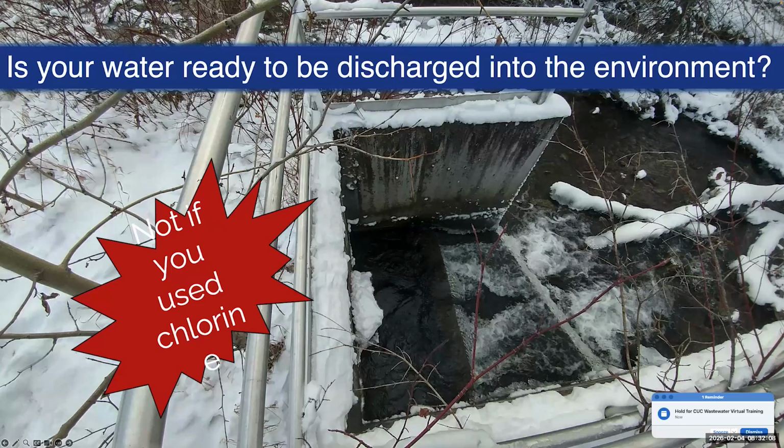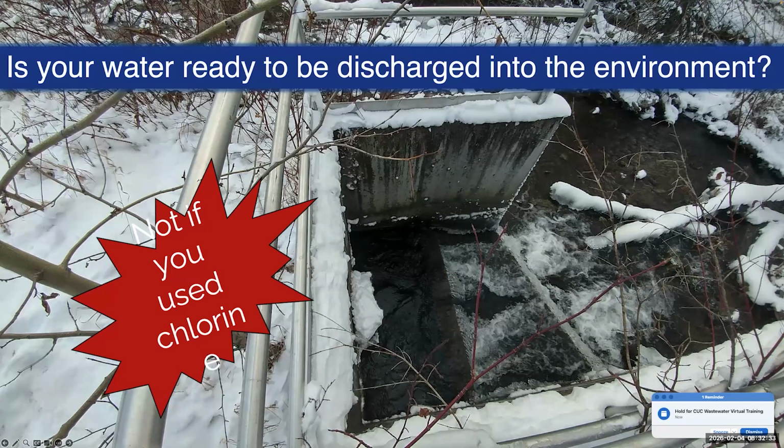So it's really important that we either get it out or neutralize it before we release that effluent in the wild. Typical residuals after disinfection at a wastewater treatment plant could be as high as 12 milligrams per liter. So, 12 parts per million. And fish, for example, can only tolerate 0.01 milligrams per liter.